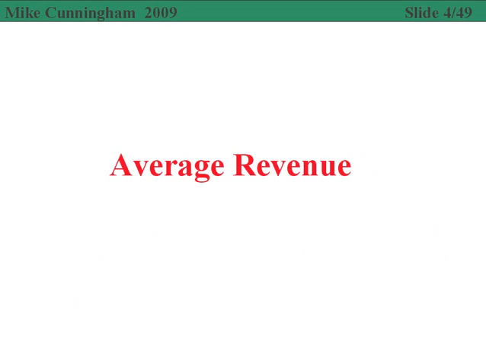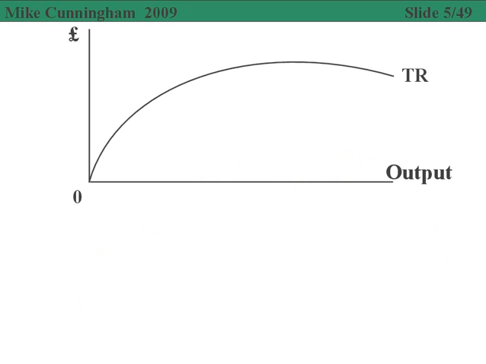Now let's start by looking at the average revenue and see what happens here. I'm going to use some diagrams to illustrate what happens to average revenue. First of all, let's start with what we know already, which is our total revenue curve. We've just drawn that, and we have this non-linear relationship. Now let's take any output level, let's say Q1, and the associated total revenue will be R1.